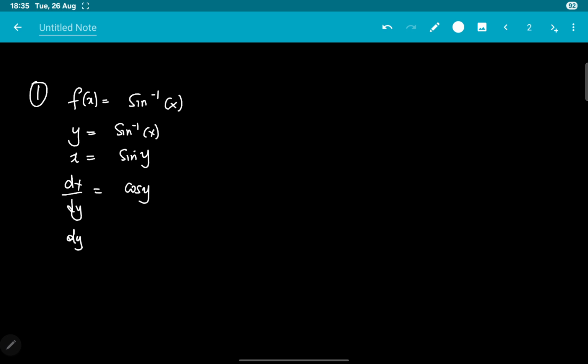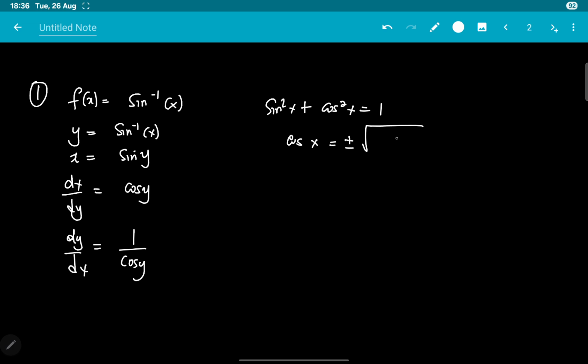Now we are looking for dy/dx, meaning this becomes 1 over cos y. But let's go back to the relationship between sine and cosine squared. Making cosine the subject of the formula, this will give us plus or minus root of 1 minus sine squared.